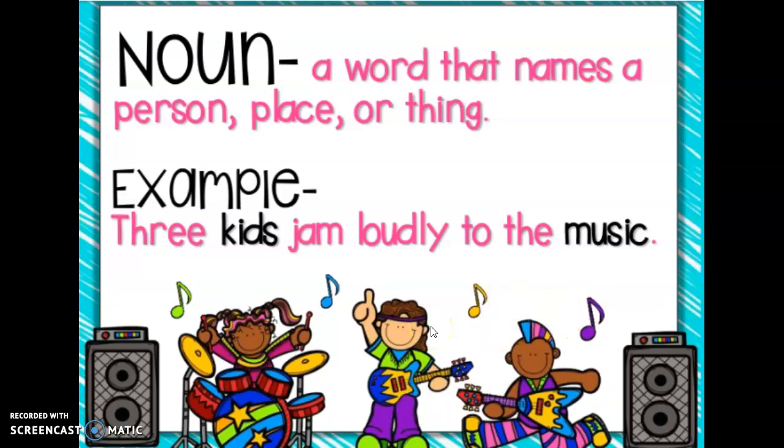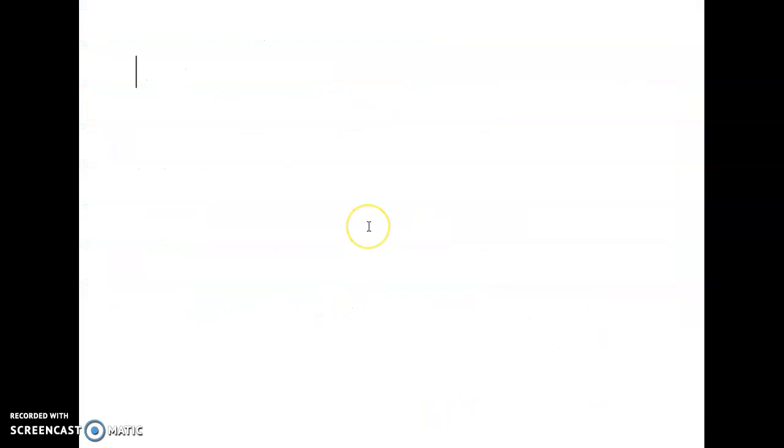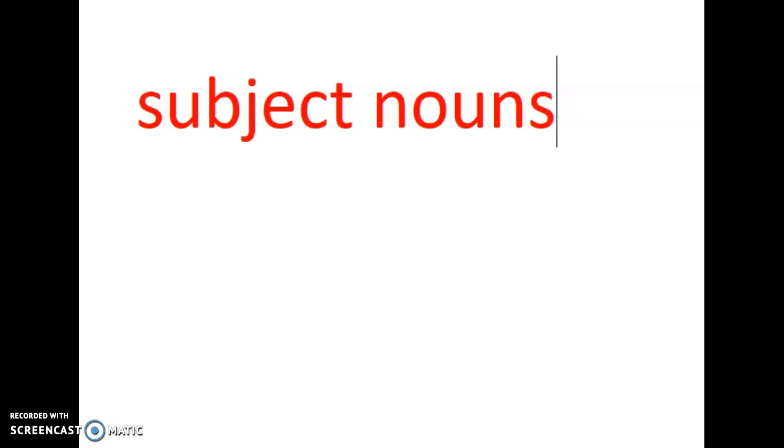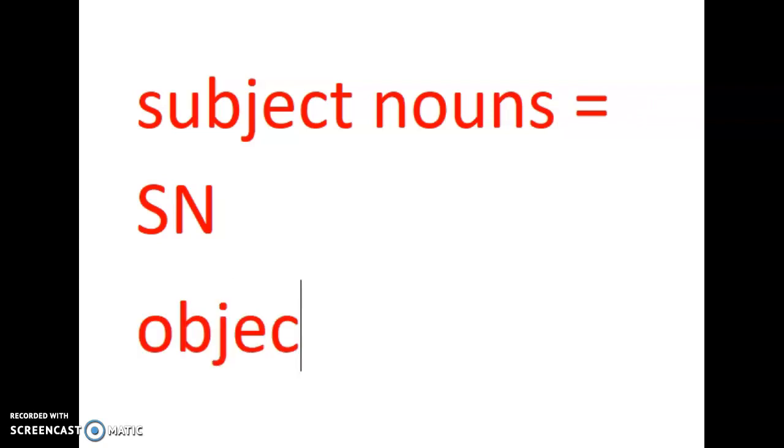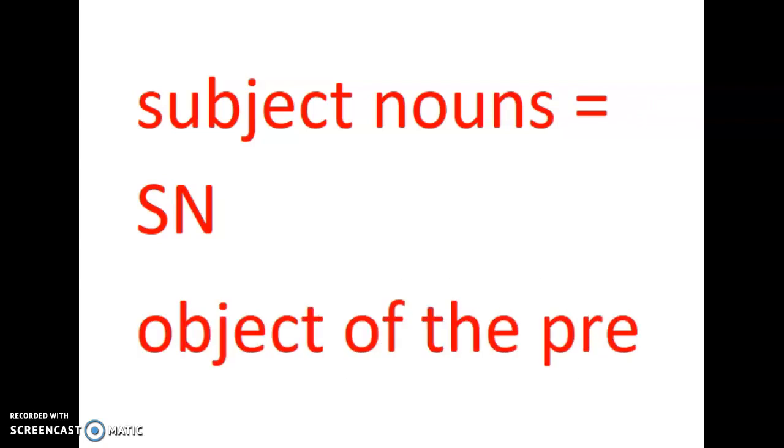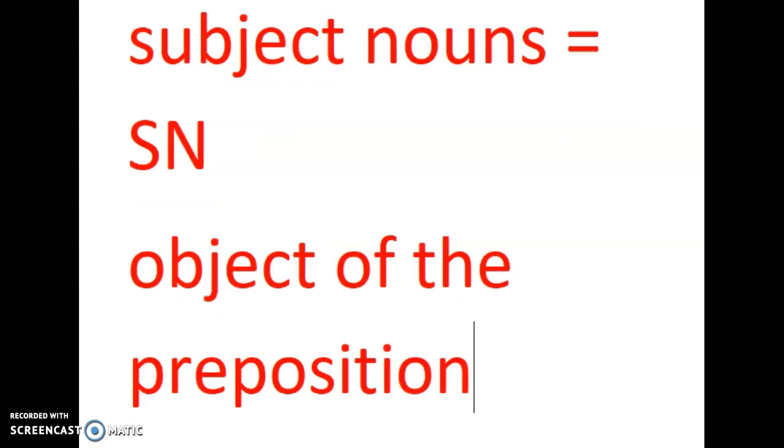So in Shirley Grammar, when we classify, there are 2 nouns that we can classify: subject noun and object of the preposition. So remember, when we have subject nouns, do you remember how we classify those? SN, and then our object of the preposition, we have OP.